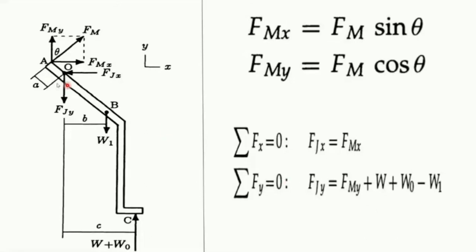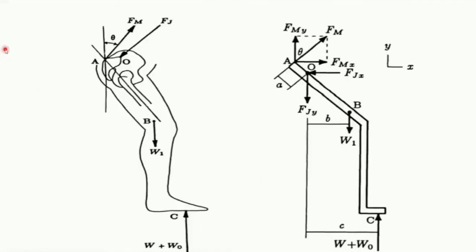Fm is inclined as well as Fj is inclined. As the forces are inclined, they are resolved into their vertical and horizontal components. So Fm is resolved into Fmx and Fmy, and Fj is resolved into Fjx and Fjy.